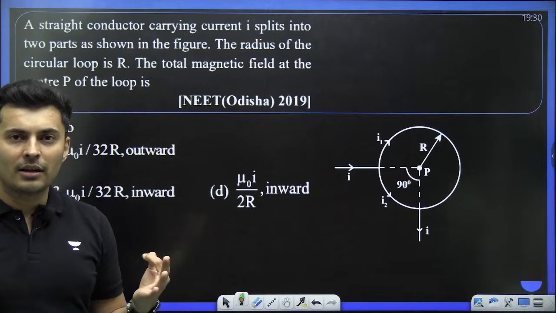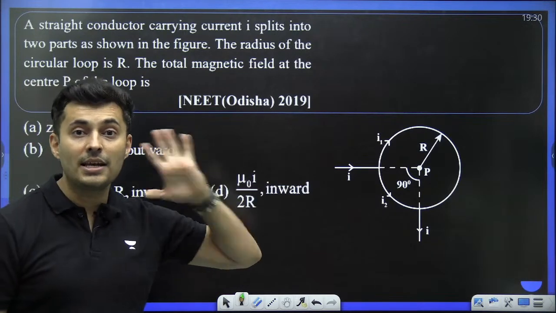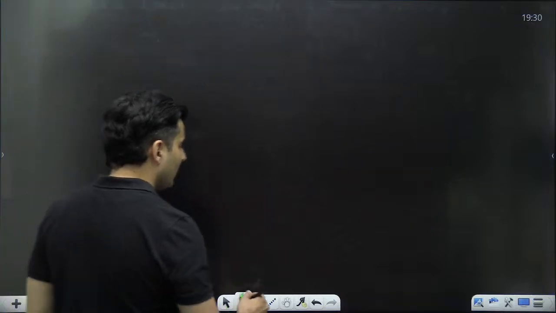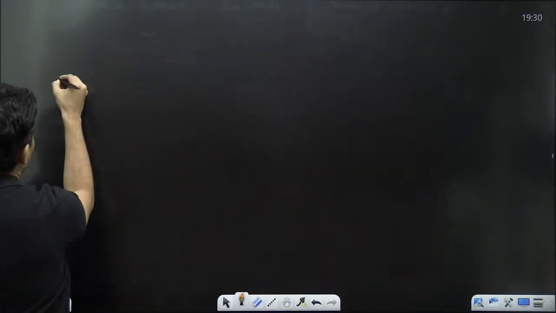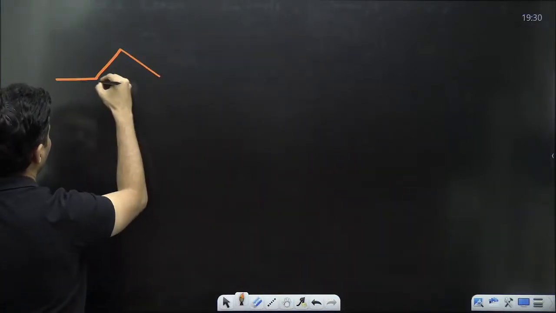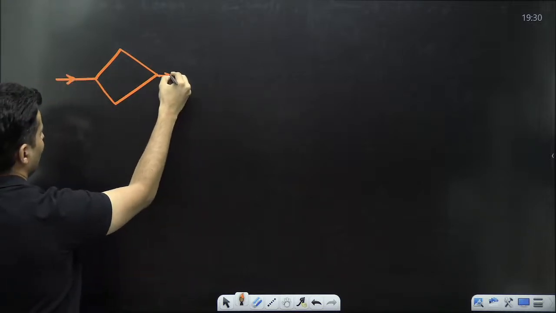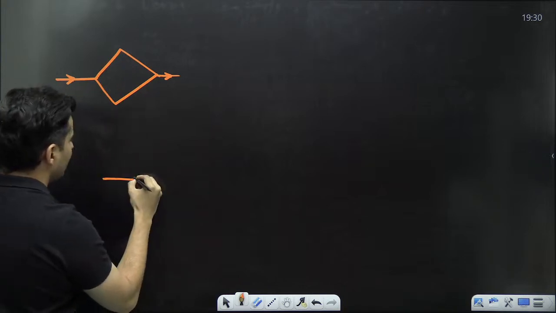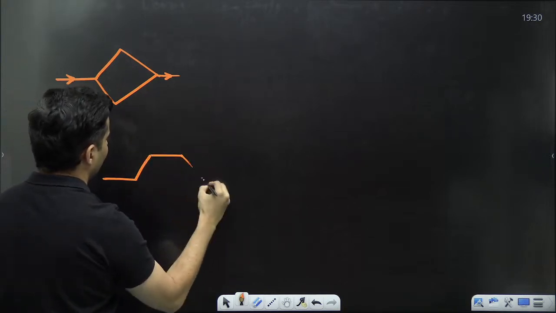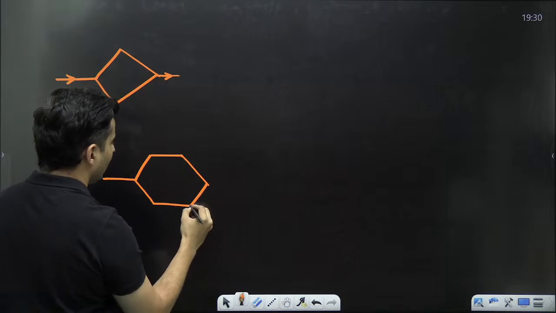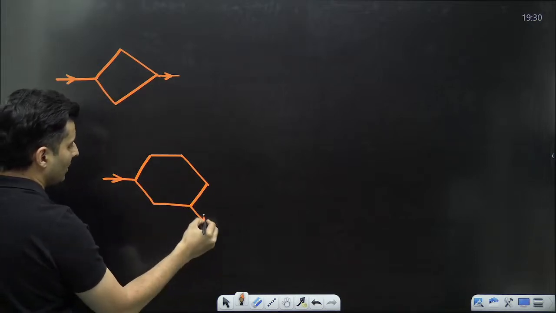But I will give you a trick, not just for this, but for any question. Be it any question like this. Say there is a square. Current comes like this, goes out like this. Or let's say it's a hexagon. Current comes in like this and goes out from here.